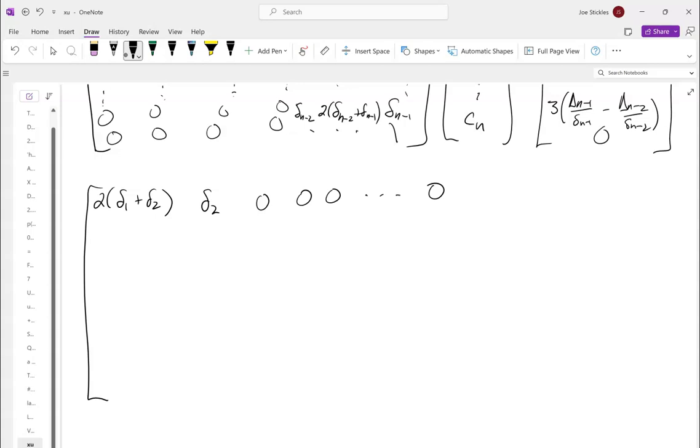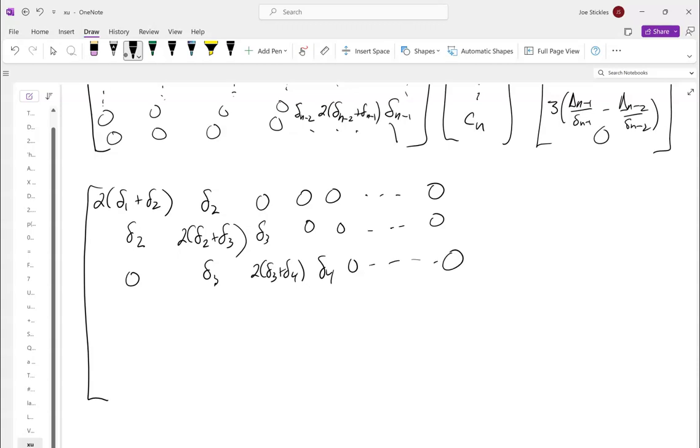Then the next one was, what was here? Delta2, 2 times delta2 plus delta3, and a bunch of zeros. All right. The next one would be 0, delta3, 2 times delta3 plus delta4, and a bunch of zeros, right? I'll write one more just so we can see what it looks like.